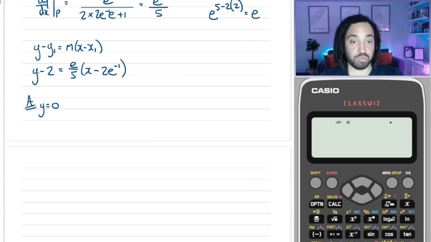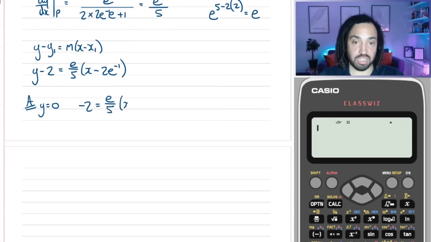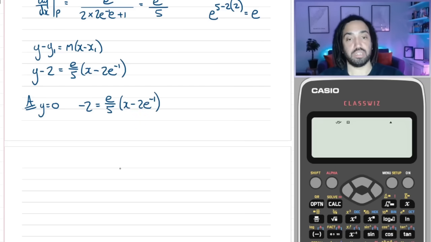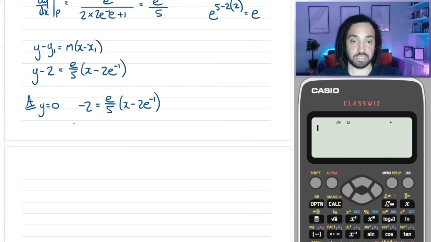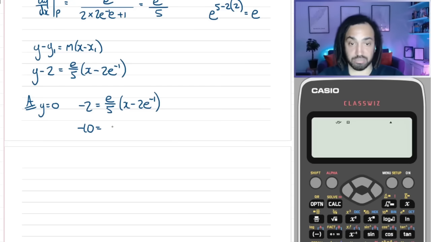So sub y equals 0 into here, and that gives us minus 2 is equal to e over 5 x minus 2e to the minus 1. Okay, let's solve for x. So times both sides by 5, and then times e into this bracket. So taking that 5 and timesing it to that side, we're taking this e and timesing it into the bracket.